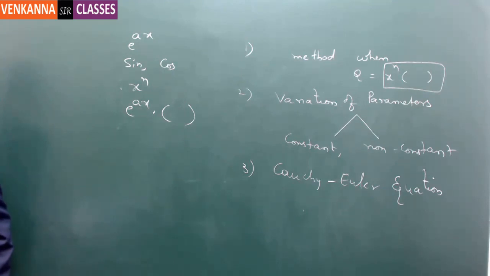That is one. And secondly, going for the problems on variation of parameters, which contains 2 varieties: one, the LHS coefficients are constant, and the second, LHS coefficients are non-constant. And finally, Cauchy-Euler equations. So I am going to focus on the problems on the above modules.